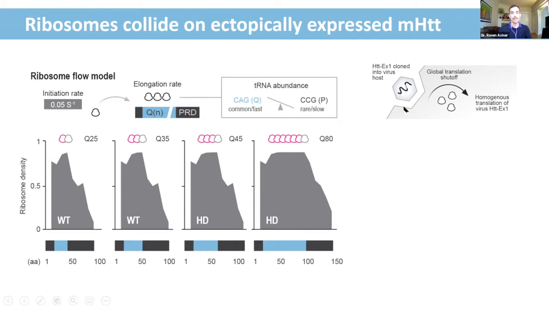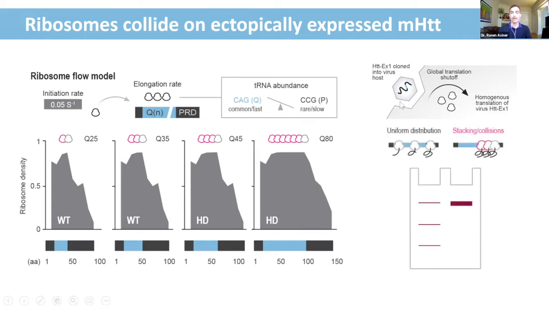We then labeled nascent chains with puromycin, which becomes incorporated into the C-terminus of newly synthesized proteins, and analyzed their distribution by Western blot. If ribosomes are evenly distributed on the mRNA, nascent chains will also be evenly distributed. But if ribosomes collide on a specific region of the mRNA, this should yield nascent chains of a discrete size.